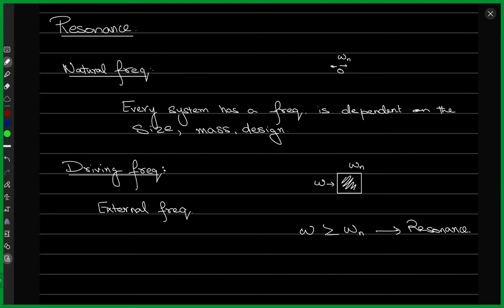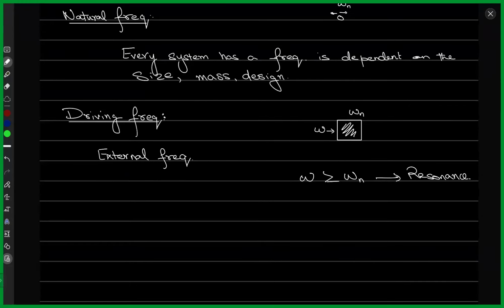So that means if the external frequency is greater than the system's natural frequency, then you're going to cause all types of disasters, collapse of buildings, bridges.